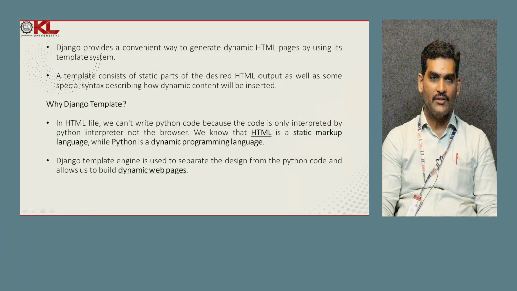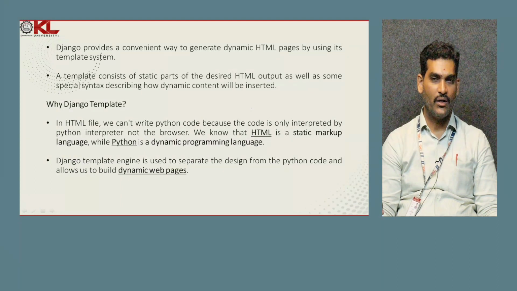Why? What is the need of this Django template? In HTML files, as we discussed, we can't write Python code, because the code is only interpreted by the Python interpreter, not by the browser. We know that HTML is a static markup language, whereas Python is a dynamic programming language.